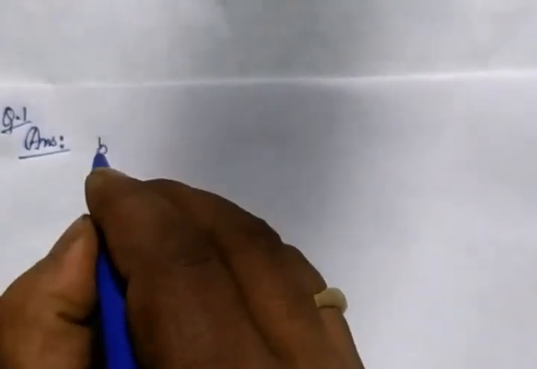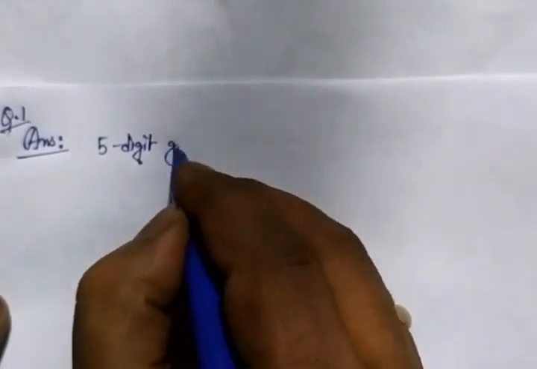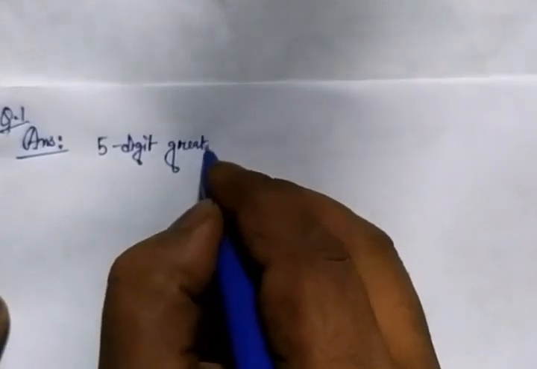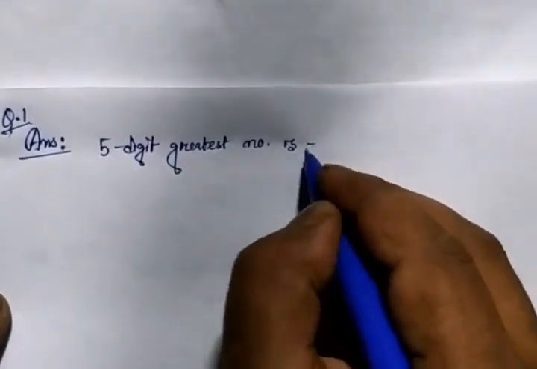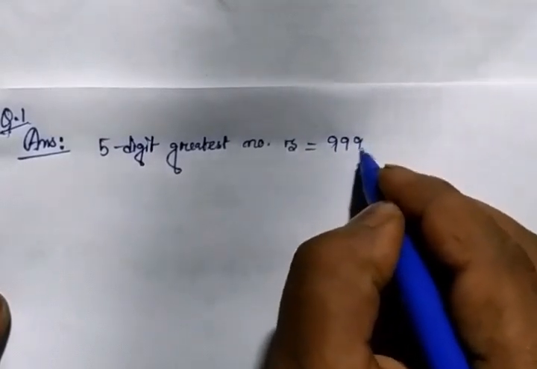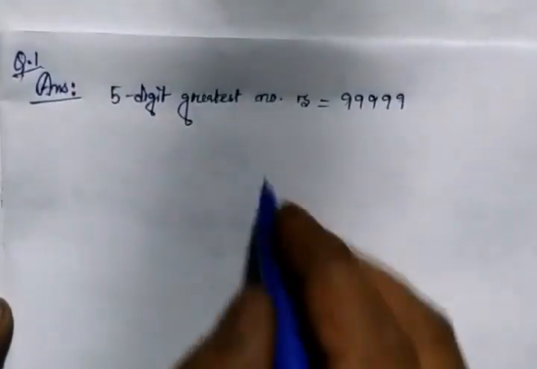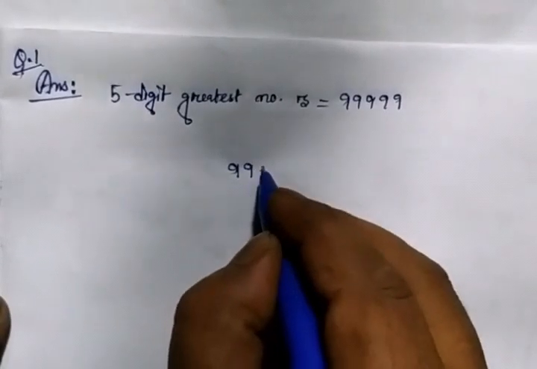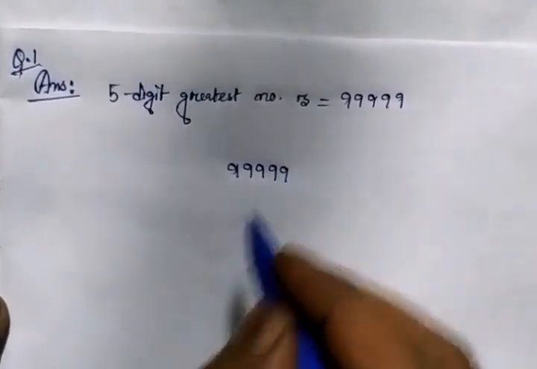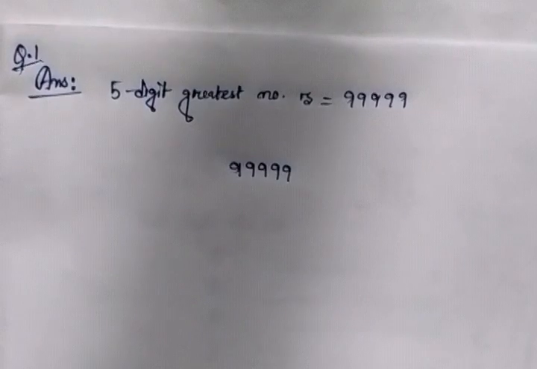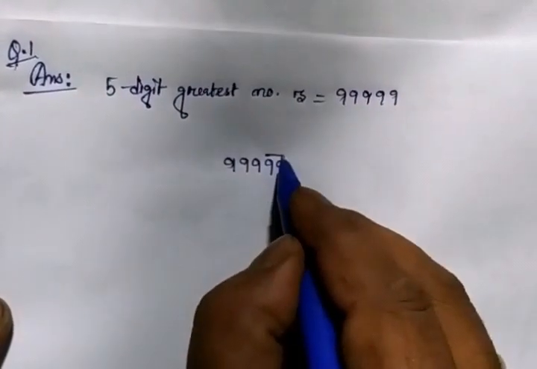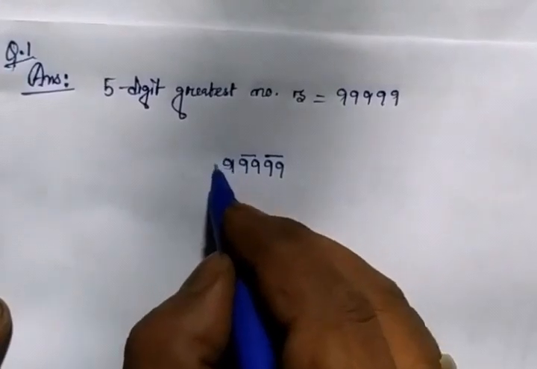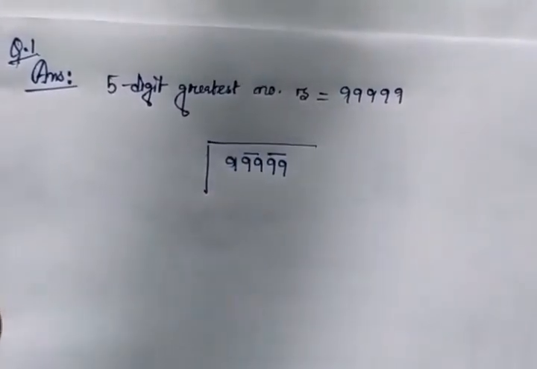The 5-digit greatest number is 99999. So we first find the square root of 99999. Same rule: we make pairs from the left side. So 9 is an unpaired number.